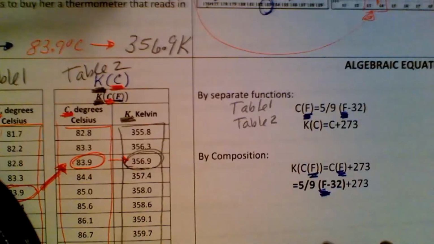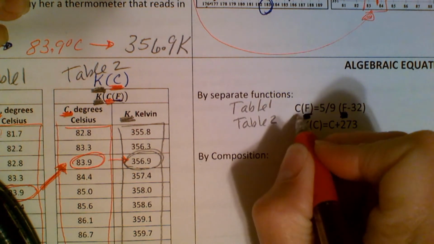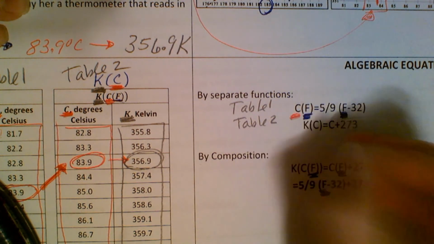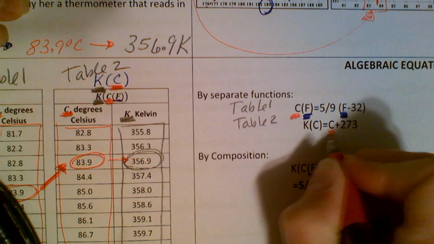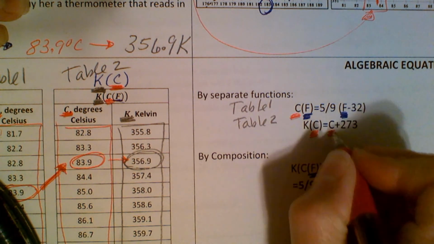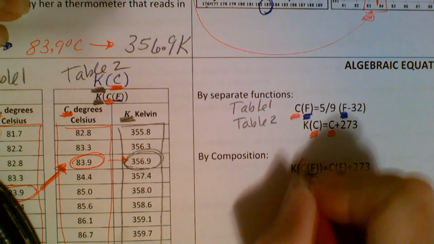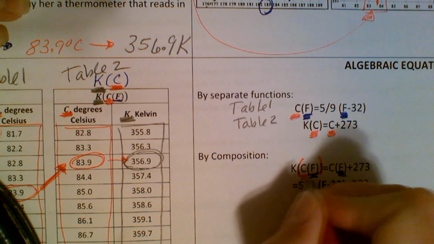All right. And this F went into the C function, and it came out as a C value, and it went into the K function as an input. It goes into the K function, so it's input.